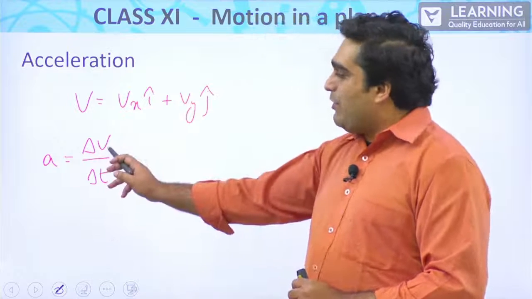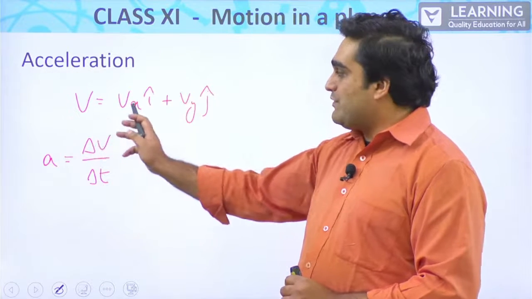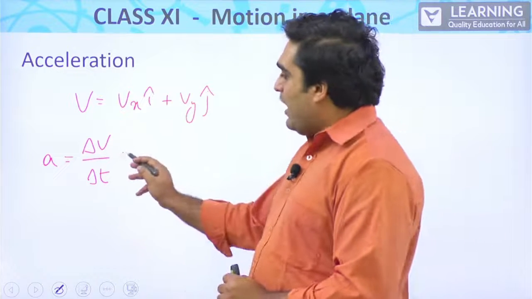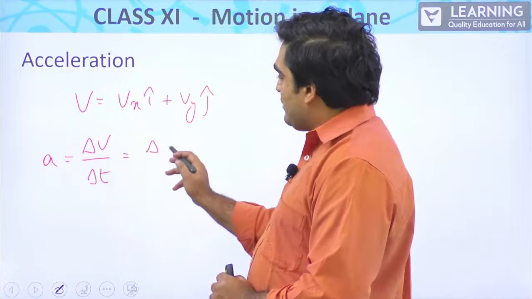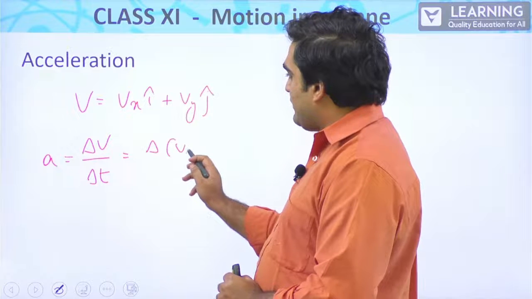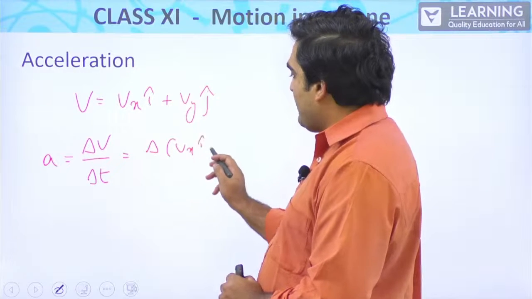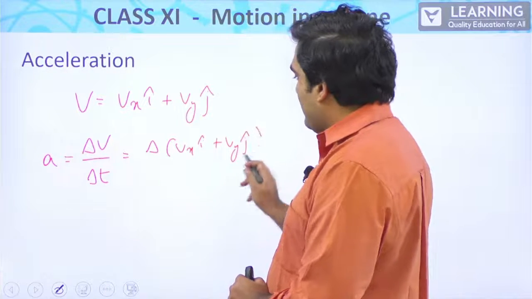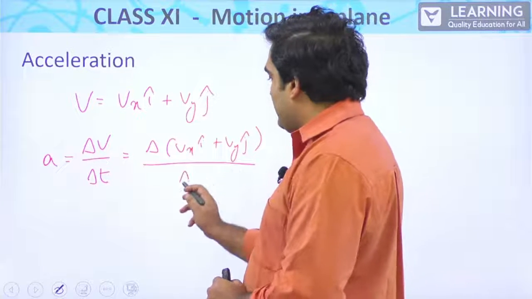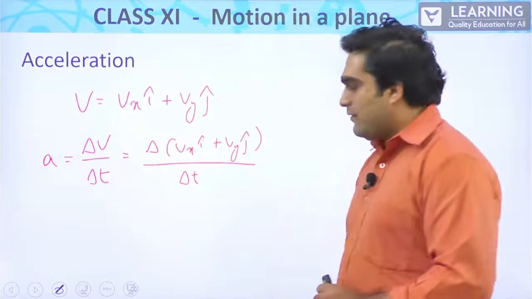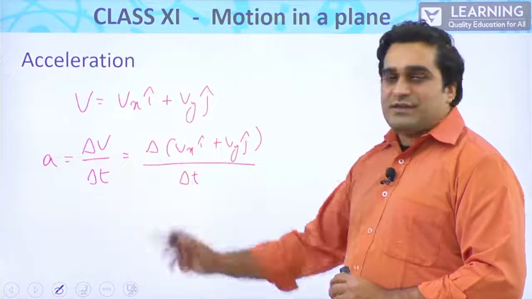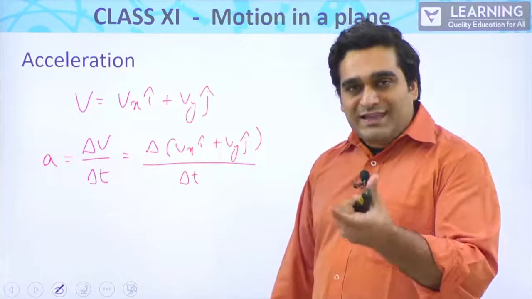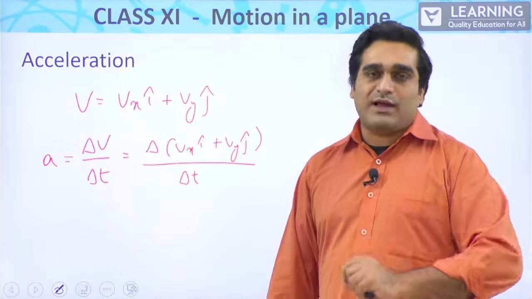Now, what do we know about V? V is Vx i cap plus Vy j cap. So I substitute in place of V as delta of Vx i cap plus Vy j cap, divided by delta t. So this delta is the difference. This difference can be used along the x-axis as well as along the y-axis.